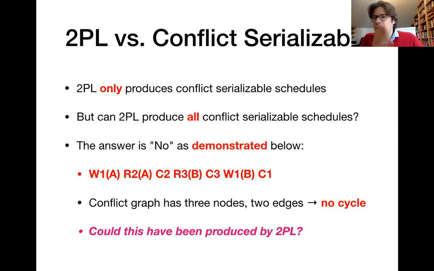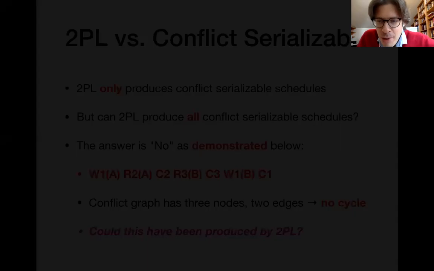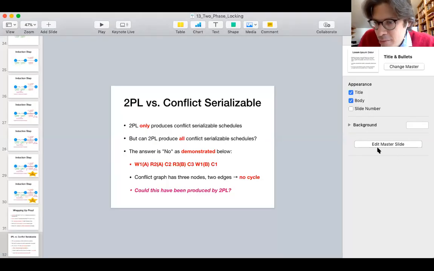But the question is, could this have been generated using two-phase locking? If you have a second to think about it, put a proposition into the chat. If you think about where locks are requested and granted, could we have had this?